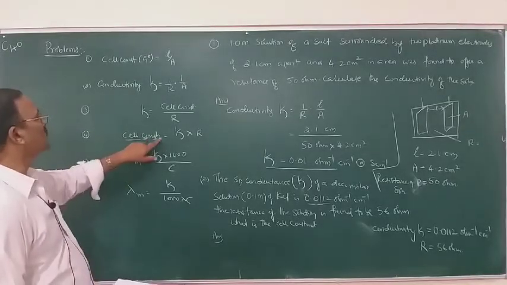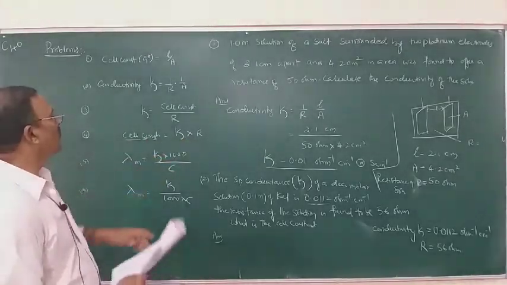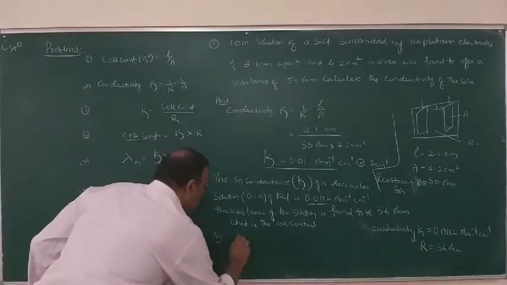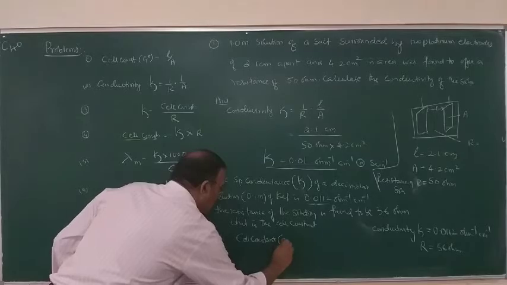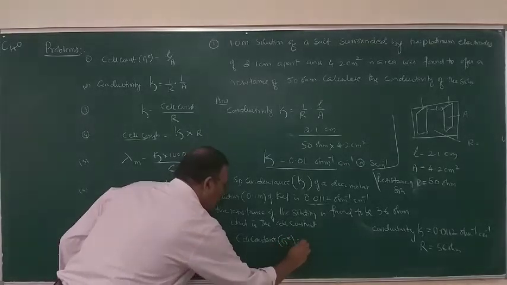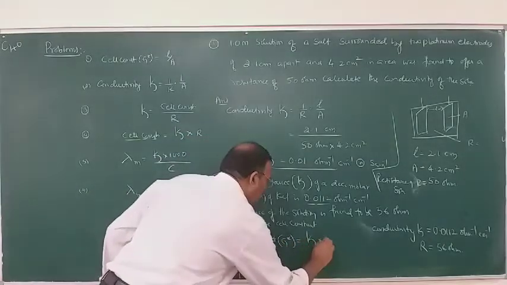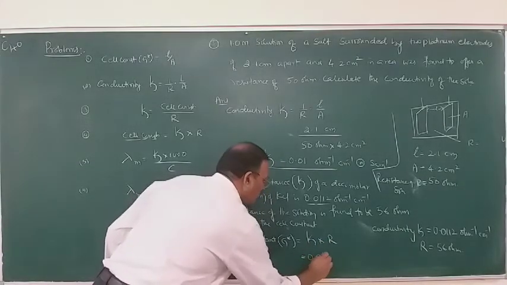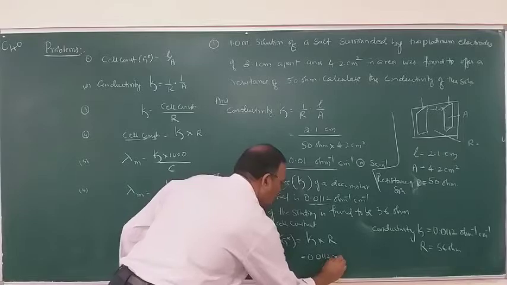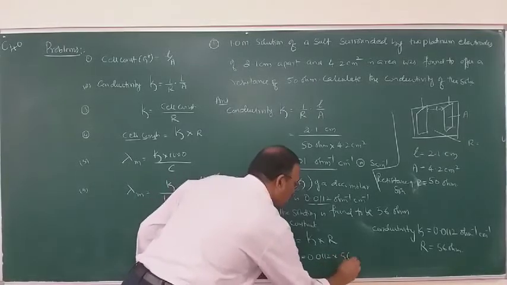Cell constant is equal to kappa into resistance. So cell constant, represented as G star, is equal to kappa into R, which is 0.0112 into 56.